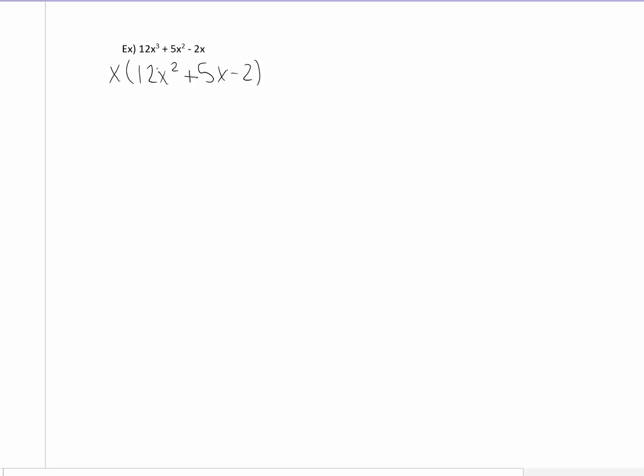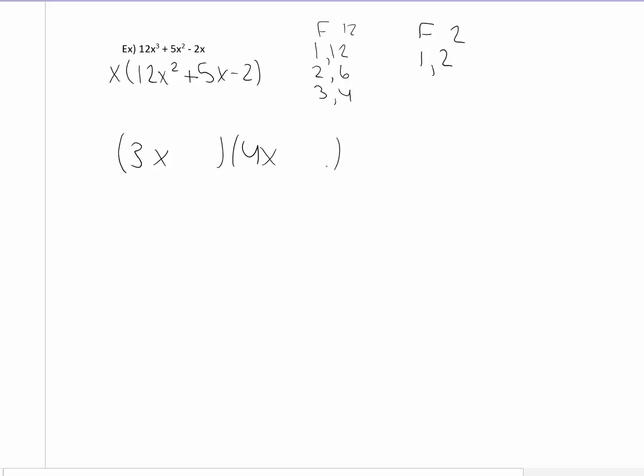So again, I'm going to try this factor by foiling. Well, I'm going to put factors of 12 over here, and then factors of 2. Again, I'm going to try the factors that are the closest to each other first. So I'm going to use 3x and 4x.